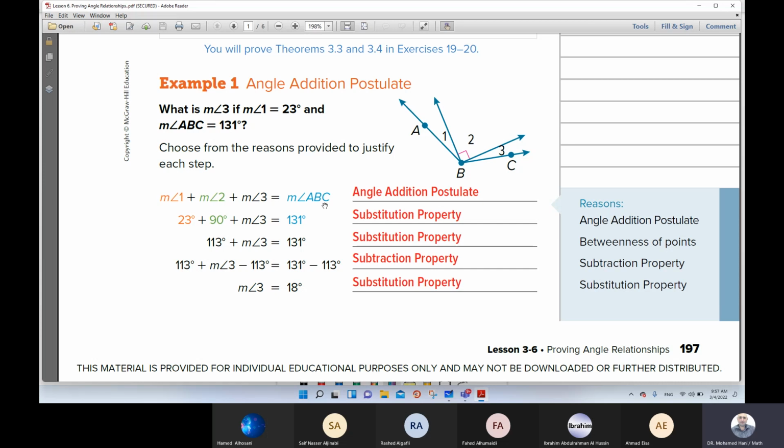So we can write the equation: measure of angle 1 plus measure of angle 2 plus measure of angle 3 equals measure of angle ABC. This is angle addition postulate. Then substitute. The angle 1 will be 23, the angle 2 will be 90, and the angle 3 is the missing value, and the angle ABC will be 131. Then you can solve this equation. You can remove the constant from this side, so add the inverse.